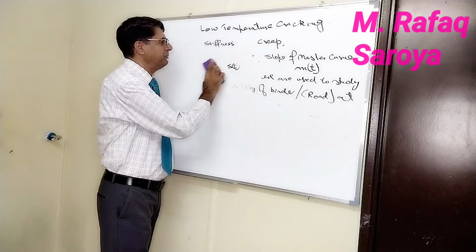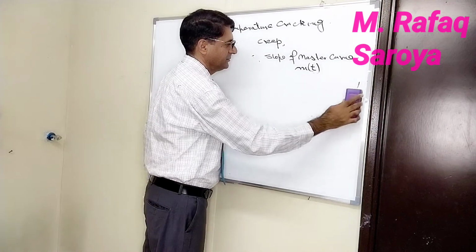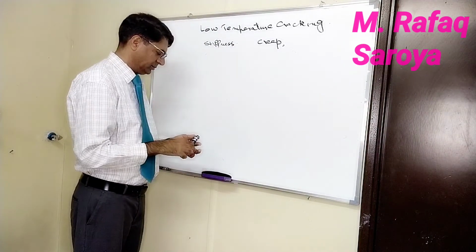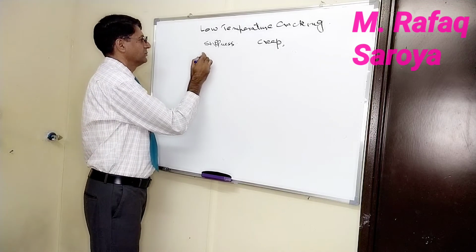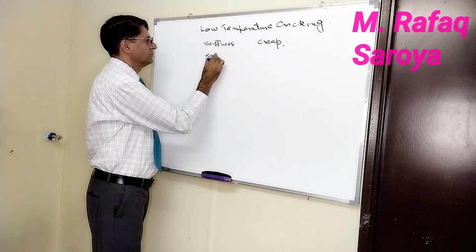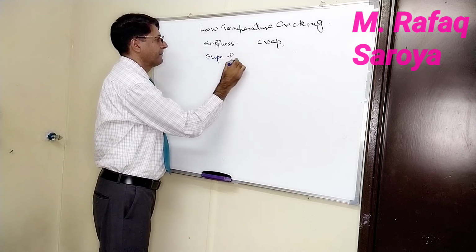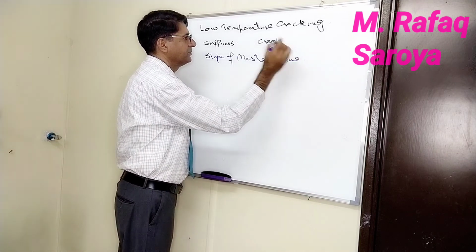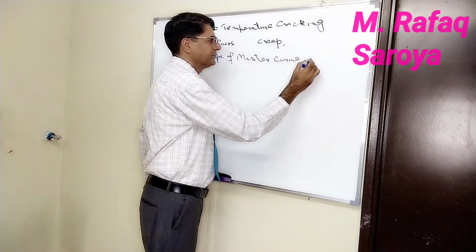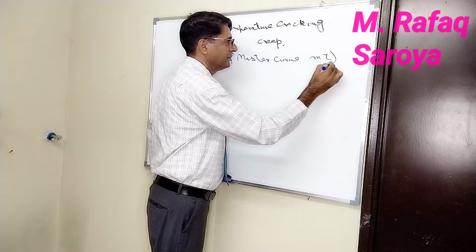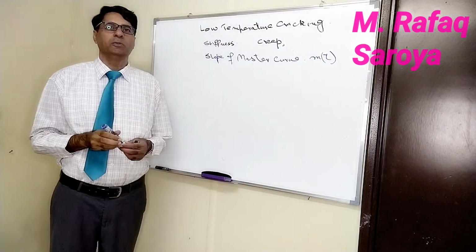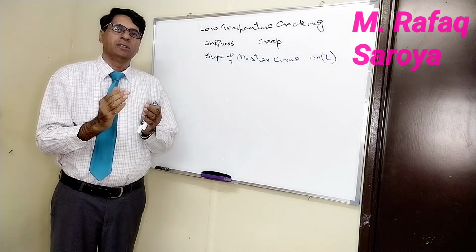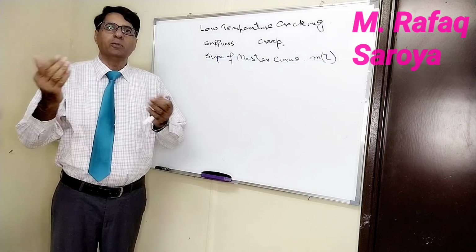Now this slope of the master curve, what is this? Here I would like to tell you, slope always shows the change of one quantity with respect to other.